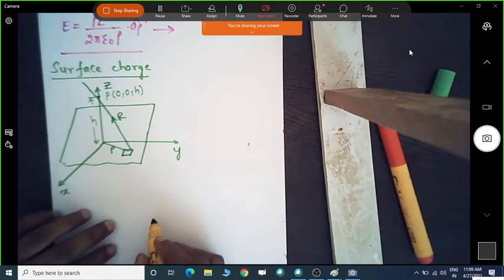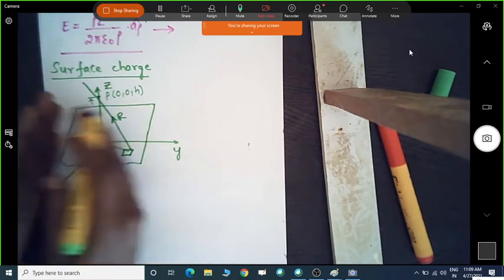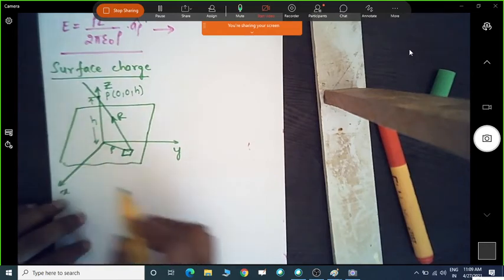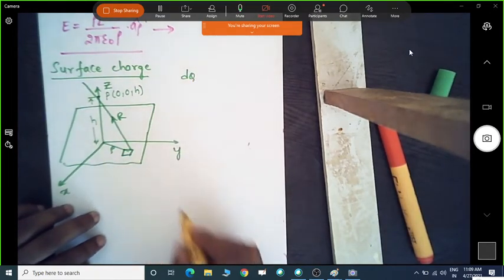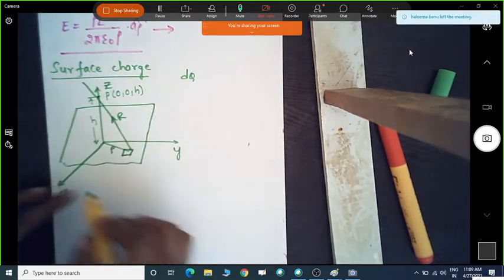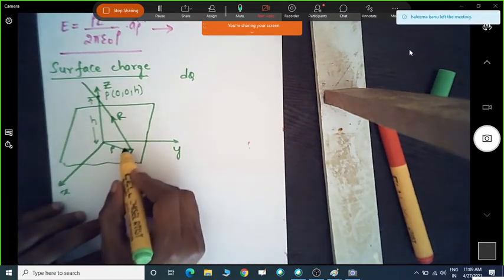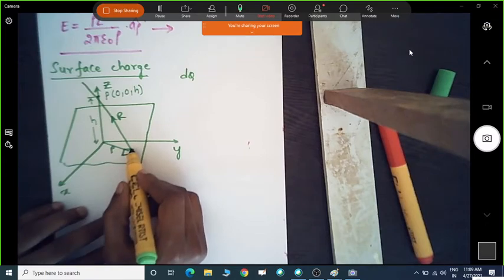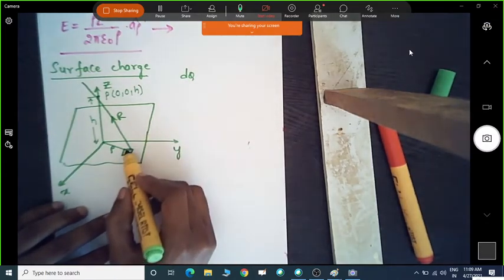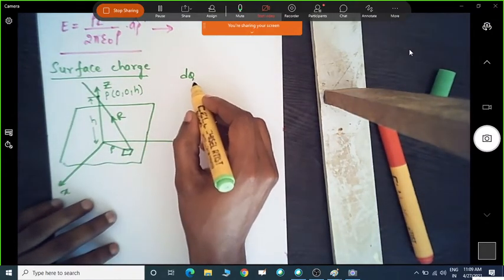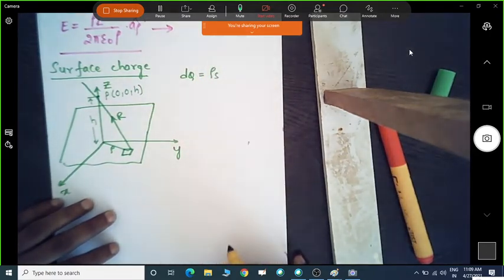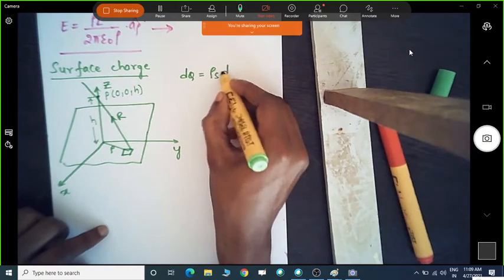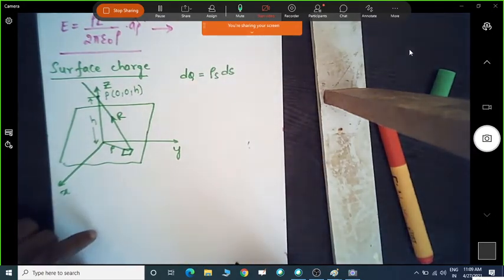Let us take a uniform charge distributed over this surface. The charge associated with the small elemental surface area, let us take it as dQ. We have a surface charge density rho_s over the elemental surface ds.